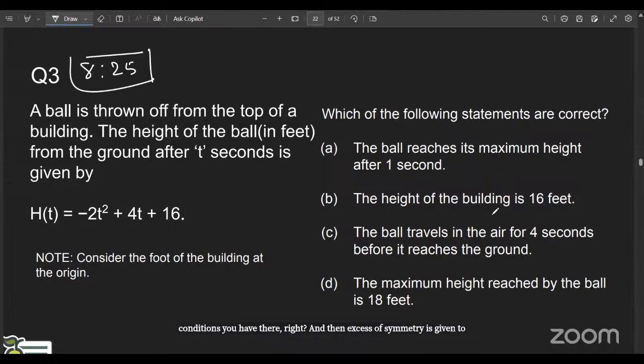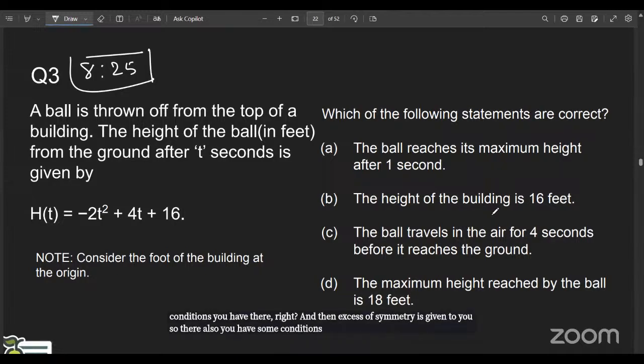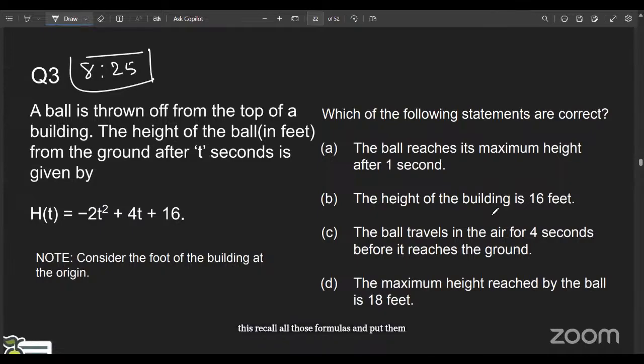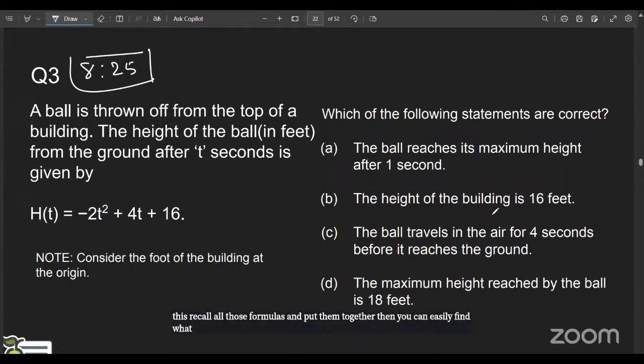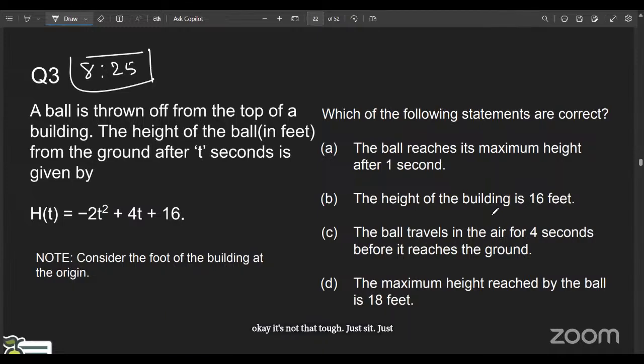So there also you have some conditions. So just recall all those formulas and put them together. Then you can easily find the coefficient of x squared. Okay, it's not that tough. Just take a paper, first write down all the formulas you know for a quadratic function, and then apply them over this question. You'll get your answer.